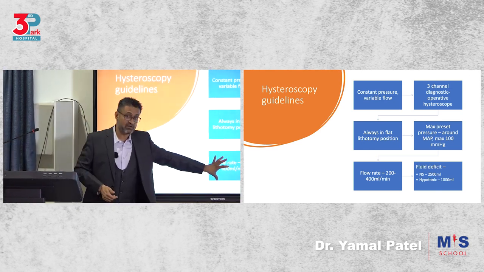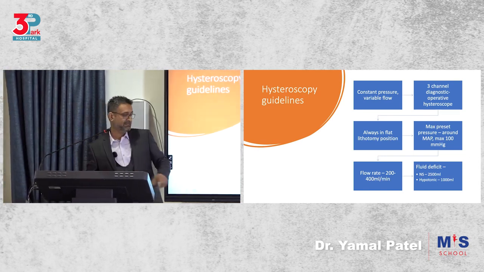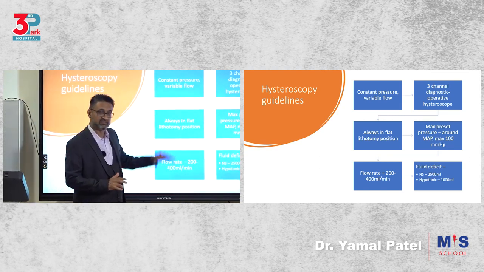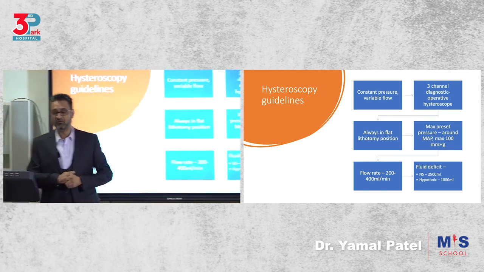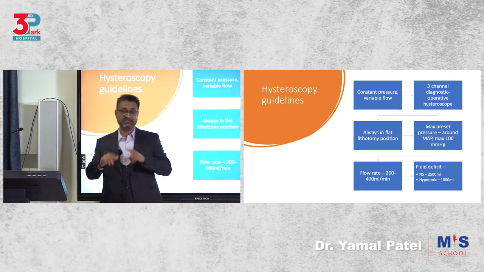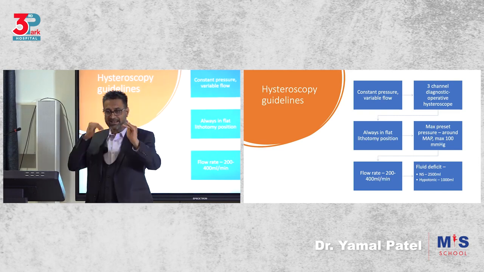Work with flow rates of around 200 to 400 milliliters per minute, and these are your deficit limits. You should know this by heart if you are to operate hysteroscopically. You don't go by volume used, you go by deficit. Deficit is in minus out.